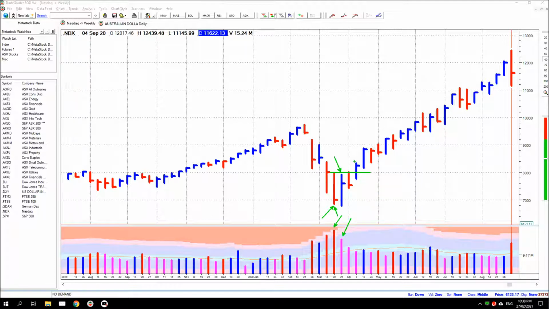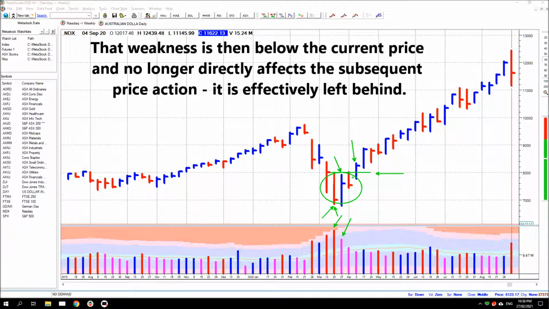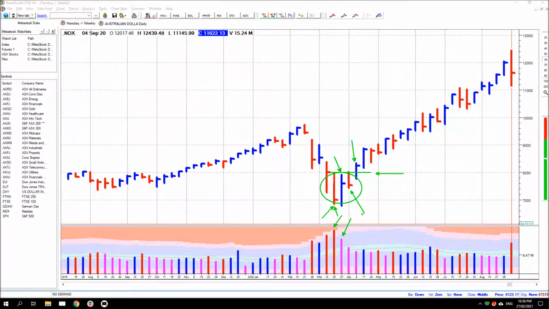When price then pushes above this level, all this weakness has been left behind. Price is now above it. All the weakness is left behind, and to a reasonable degree, price is free to move higher again. You can see in between there was a form of test. It's not a very clear test.